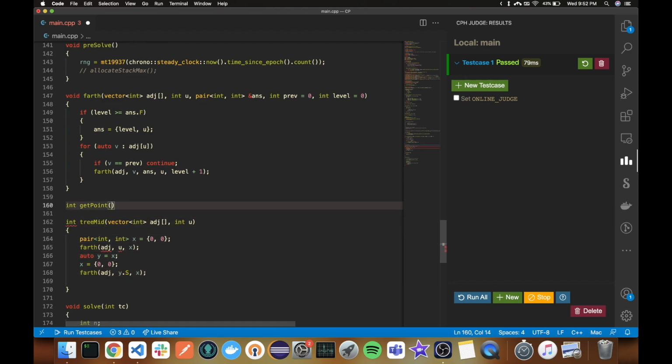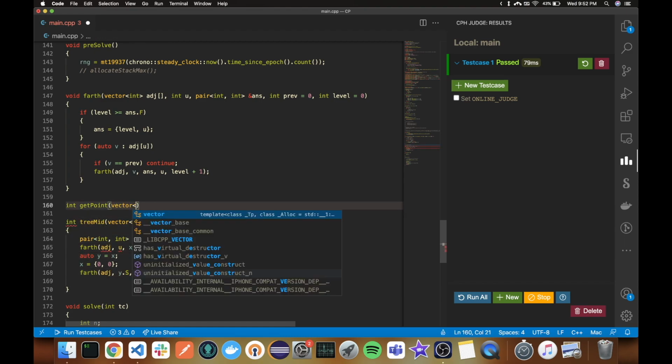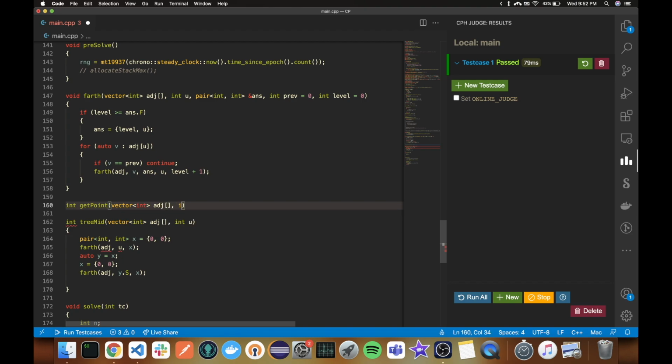So I'm also gonna have a get point, which will just give me any point at some distance. Previous 0.